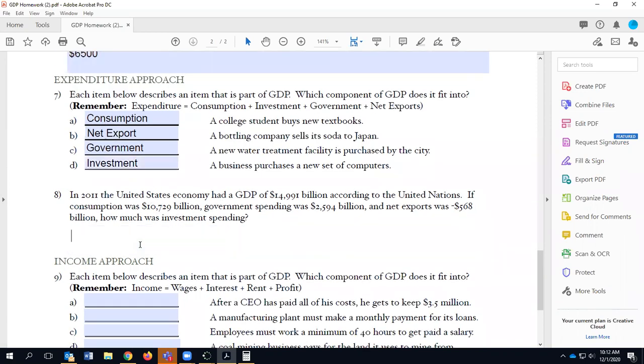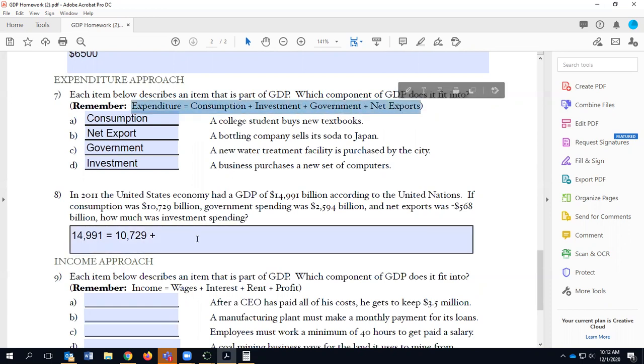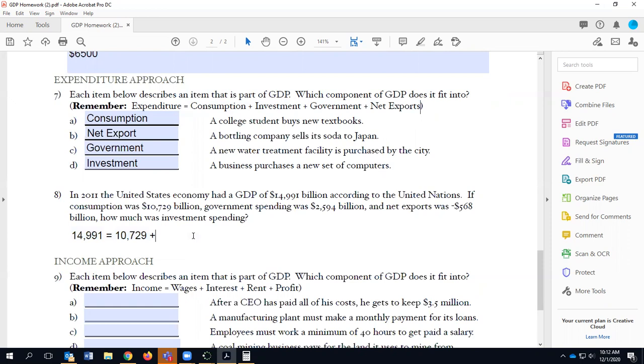So this is a math formula. Our expenditure was $14,991 billion, and then our consumption was $10,729, and I'm using this formula right here. We're finding investment, so I'm going to put an I right there.